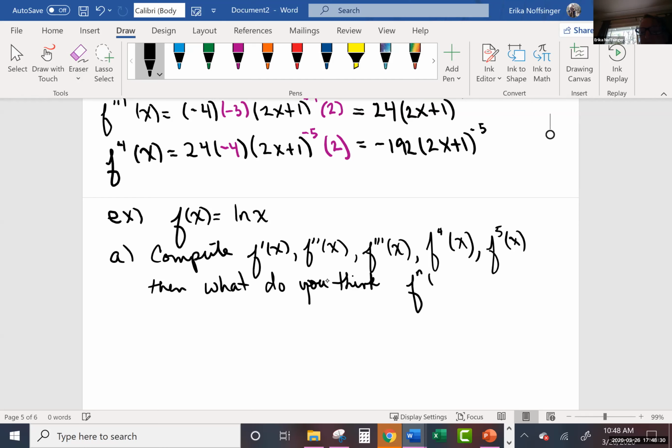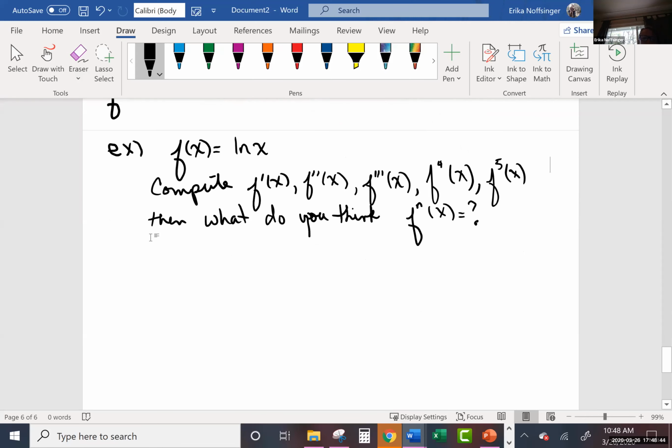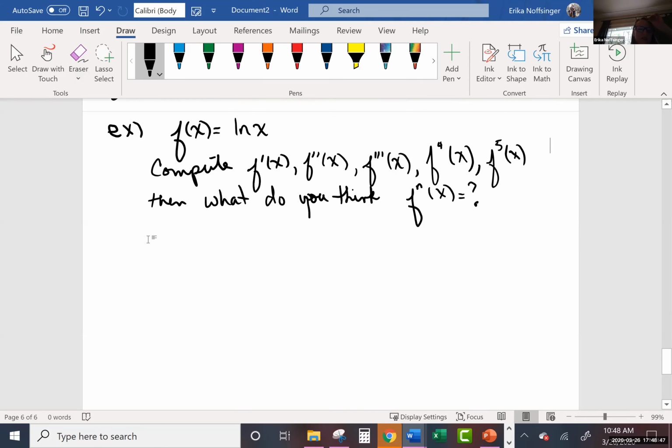The nth derivative of ln x would equal what? Okay, so natural log is the easiest of the logs to take the derivative of. We don't have to put in the ln of the base. So the first derivative: the derivative of natural log is 1 over what you're taking the natural log of, which in our case is x, and then times the derivative of the inside.